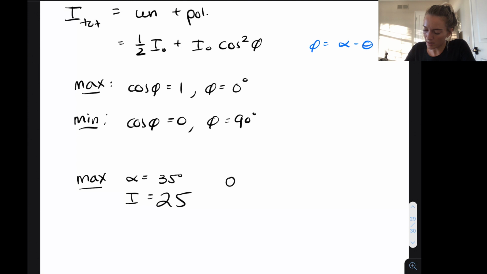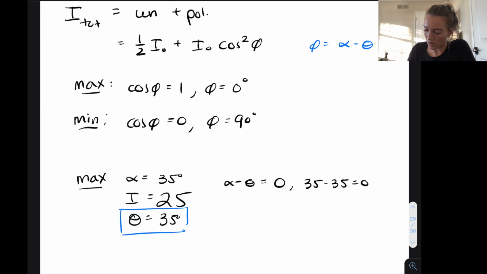So if we want, let's write it this way, at our maximum we want alpha minus theta to be equal to 0, and alpha is 35. That means that theta is also 35, right? So that we get to 0. So here at our maximum, theta is 35 degrees. So this is our angle theta.